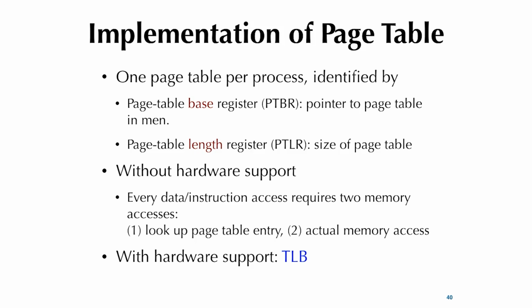Does the processor or MMU have to load the entire page table? That page table could be megabytes, or gigabytes, or something even bigger. Can it afford to do that? That gets too expensive. And so what's the solution? Well, the solution is, as you can probably guess, some kind of cache. And this cache is called the TLB.